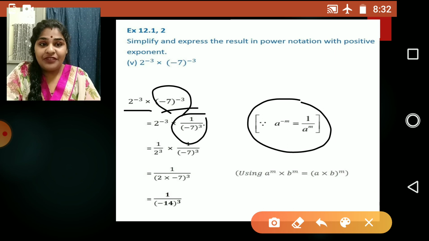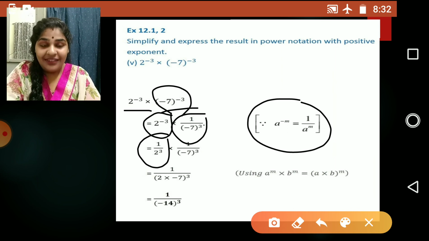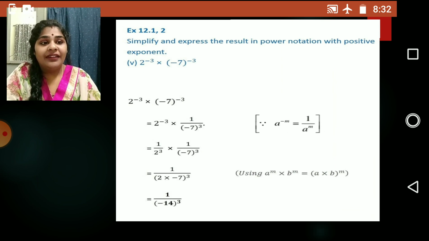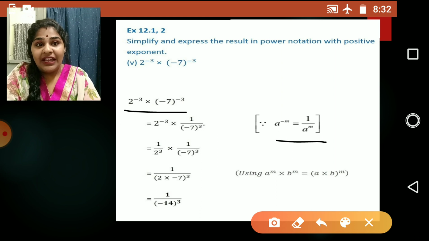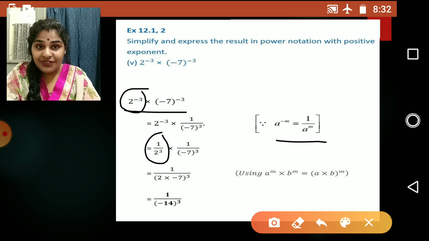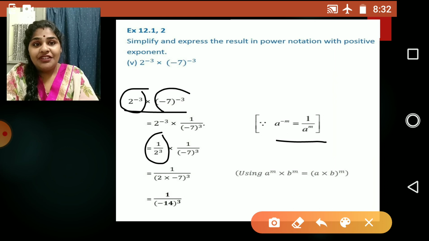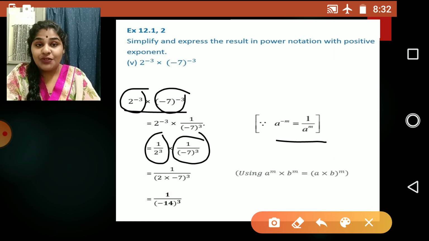They have written 2 raised to negative 3 as 1 upon 2 raised to 3, and negative 7 raised to negative 3 as 1 upon negative 7 raised to 3.